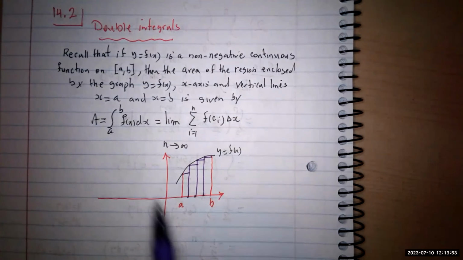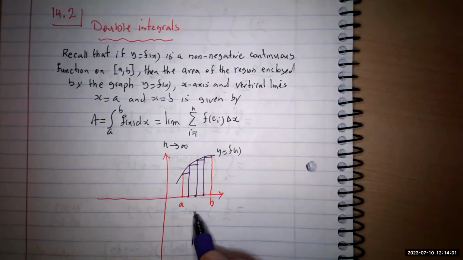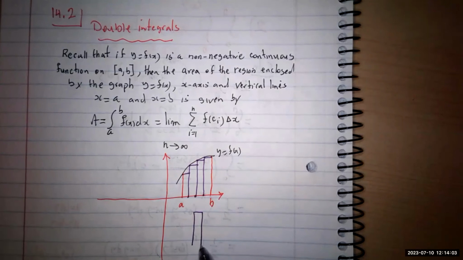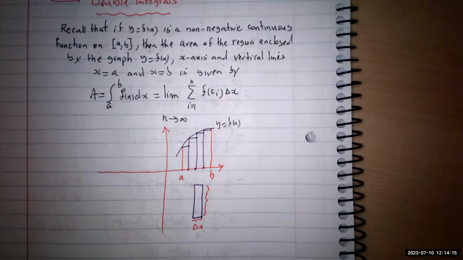If you take one of those rectangles out and want to find its area, this portion is going to be your delta x, and this portion over here is just the y coordinate of a point, any point.